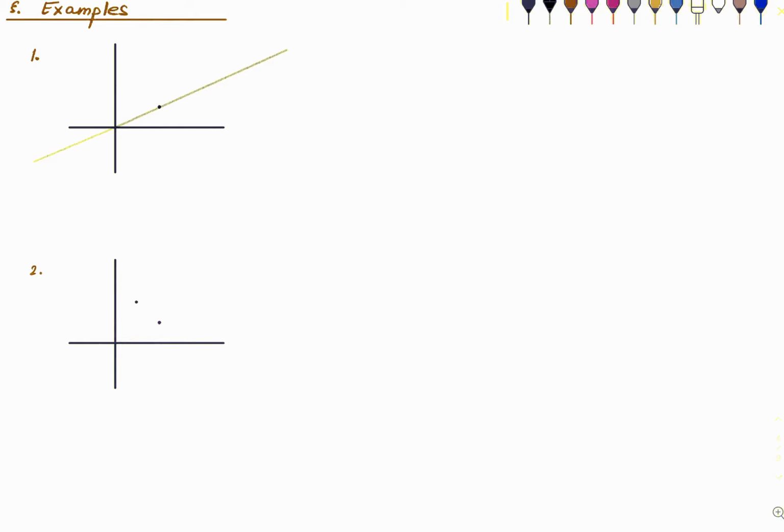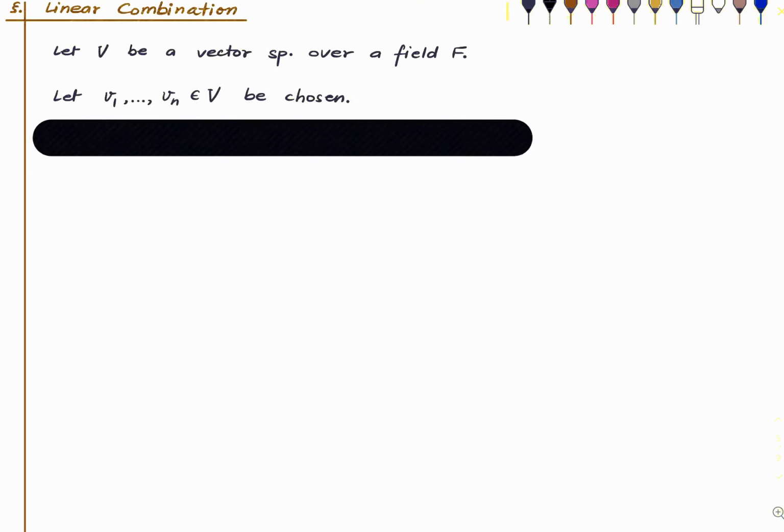All right. Now we come to another very important notion called linear combination. So fix a vector space over some field F, and suppose we have chosen some bunch of vectors from the vector space.